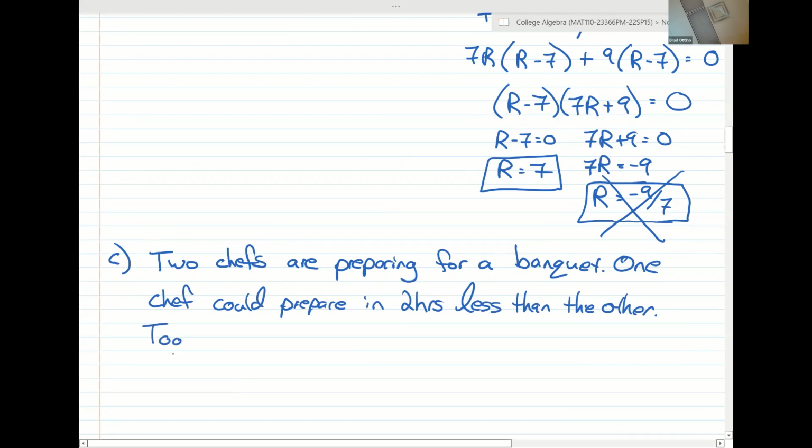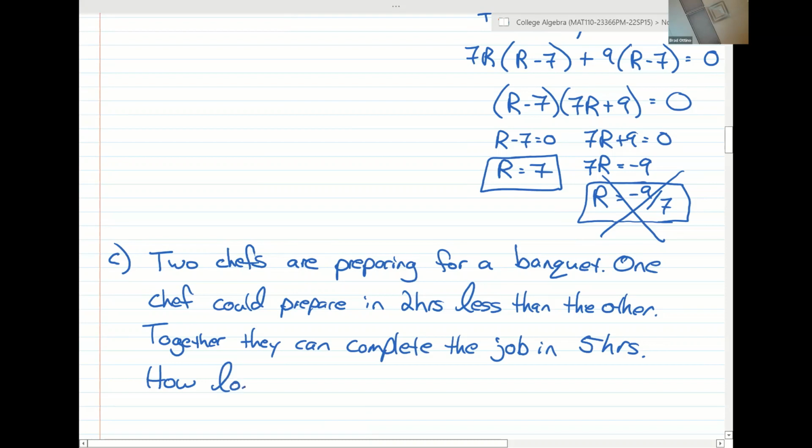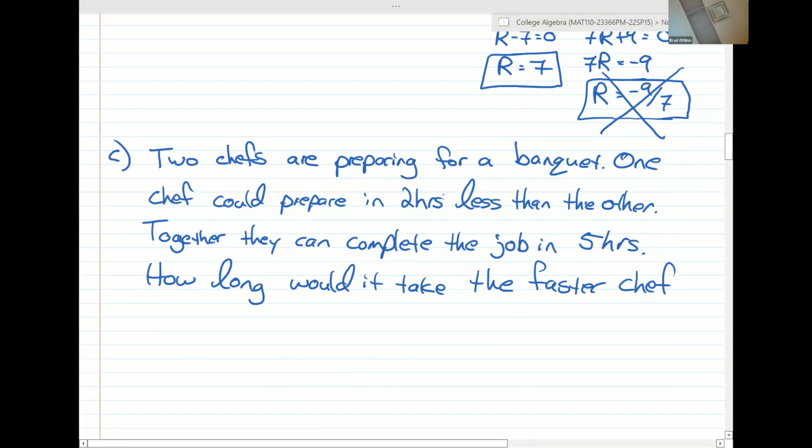Together, they can complete the job in 5 hours. How long would it take the faster chef working alone?